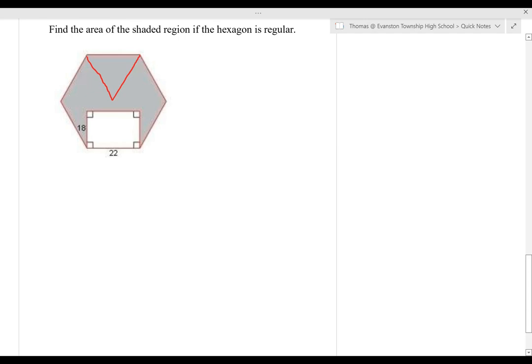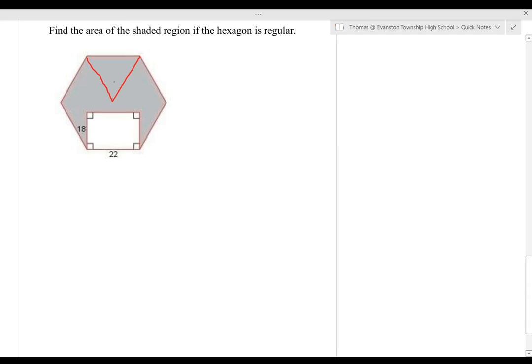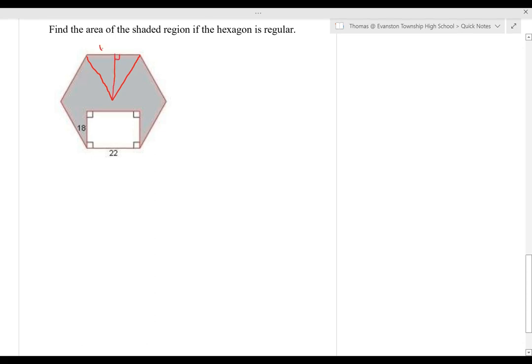So if the base is 22, I can drop down our altitude, and on our 30, 60, 90, I have a base of 11. The hypotenuse, or the lengths of the sides, which are the same, is 22, and the height is 11 square root of 3.